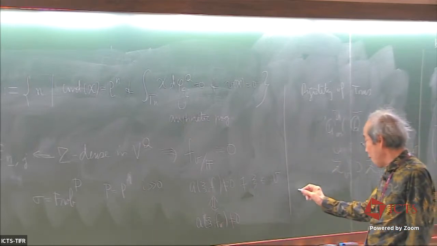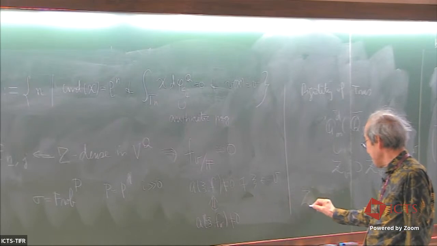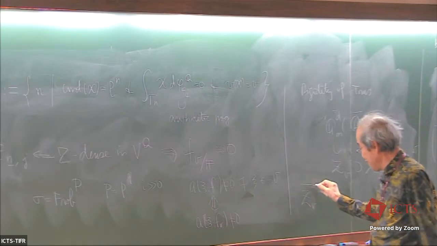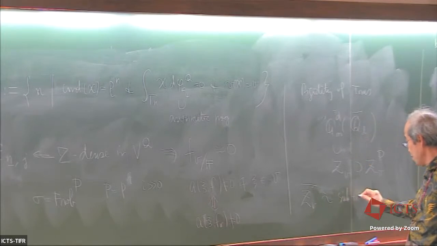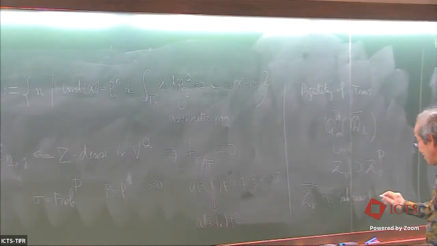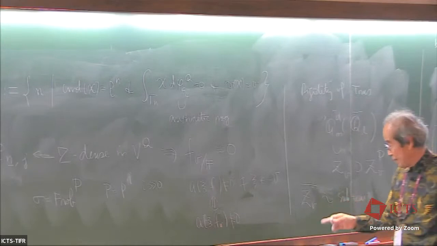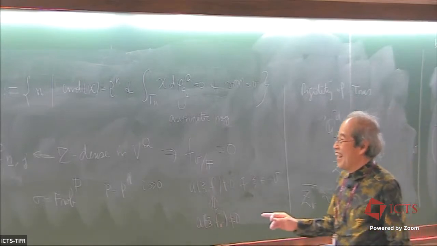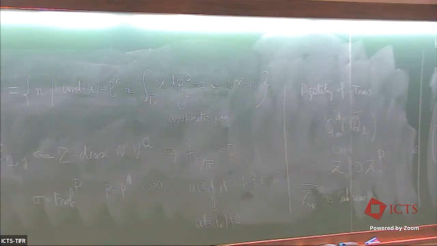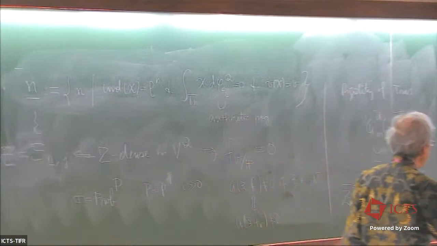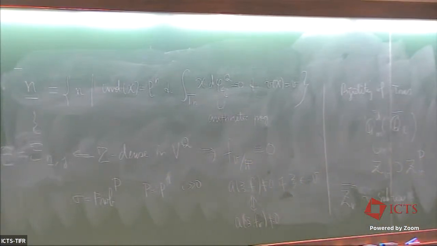And the point here is that the Zariski closure of a rigid subset is essentially a subtorus.